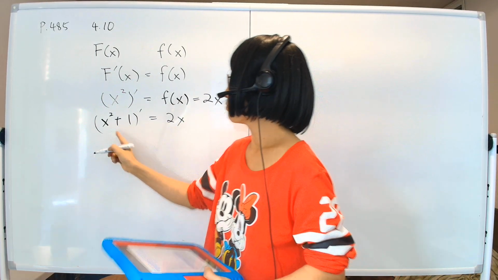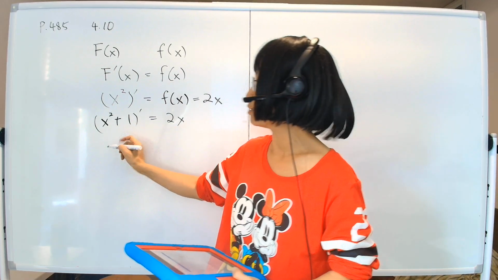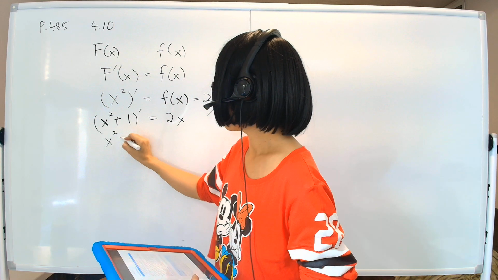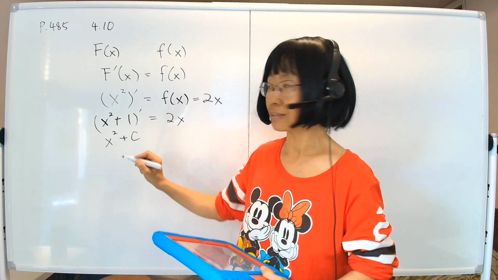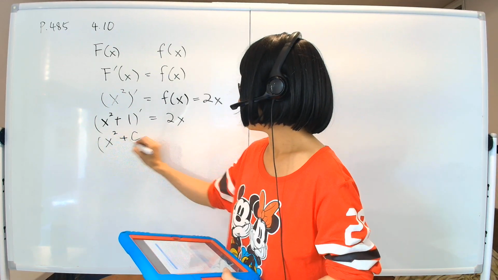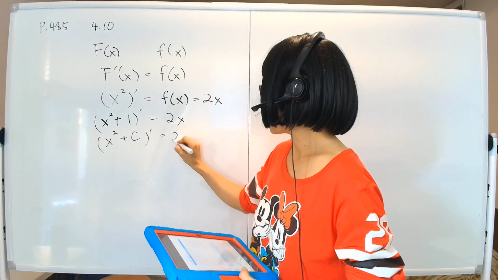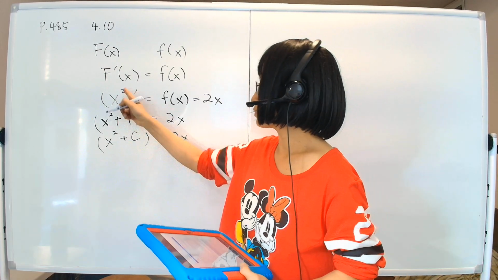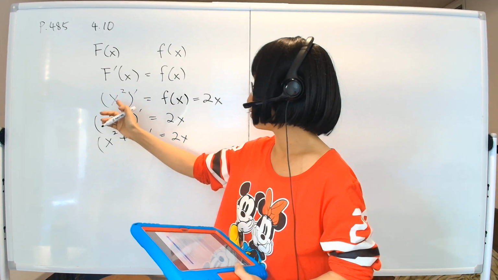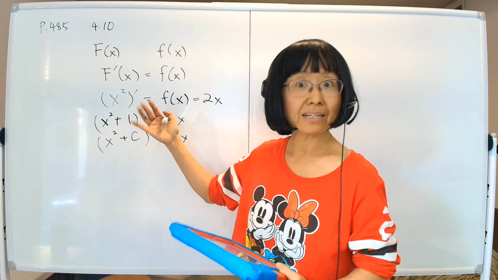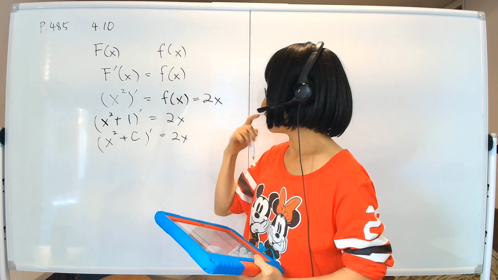In general, because the derivative of a constant is 0, x squared plus any constant, positive or negative, the derivative will always be 2x. Therefore, the antiderivative is the function plus any constant, okay? That will all work.